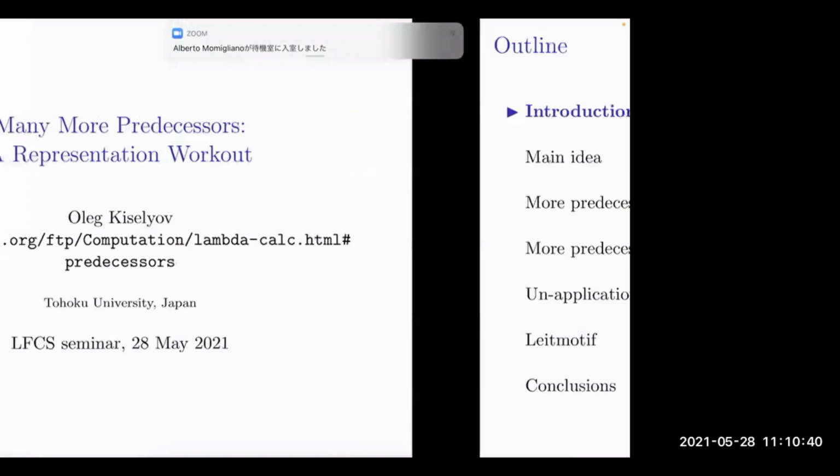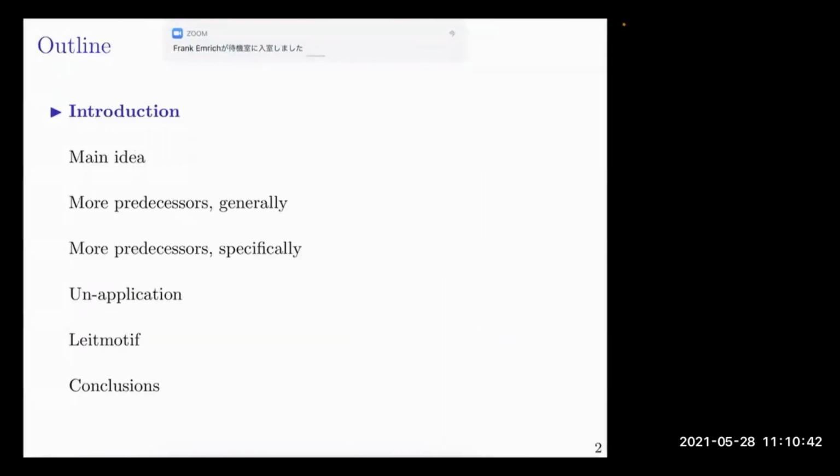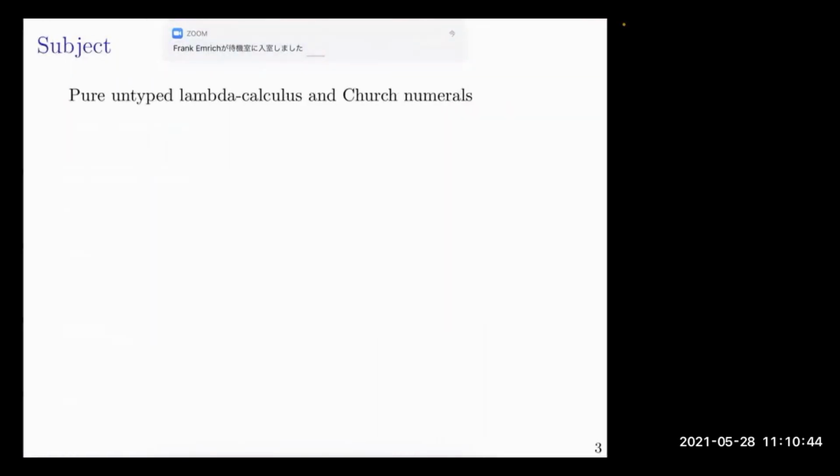So this talk is about pure untyped lambda calculus and Church numerals. I'm sure everyone has been teaching this subject and can, for example, tell offhand the expression for successor in Church numerals.